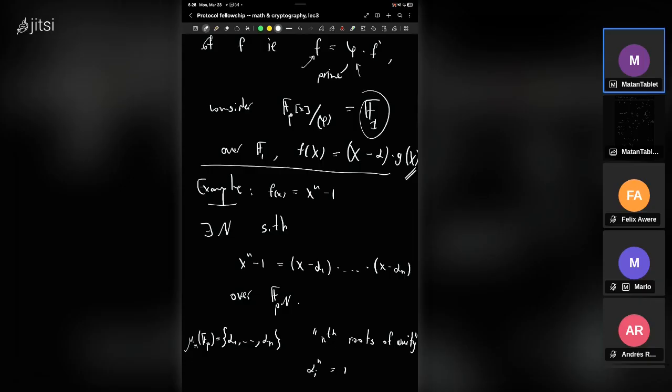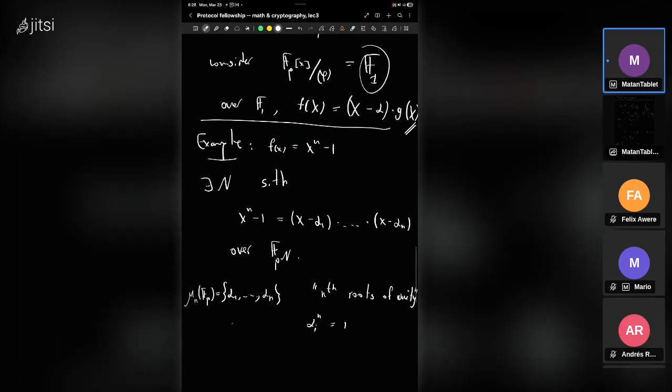Okay? If you do the calculation over the complex numbers, what you will get over C is you divide the circle into n different equal parts. Let's say into 3 parts.